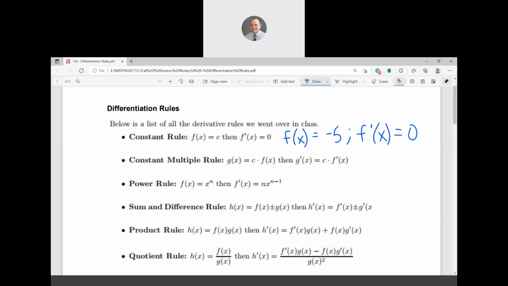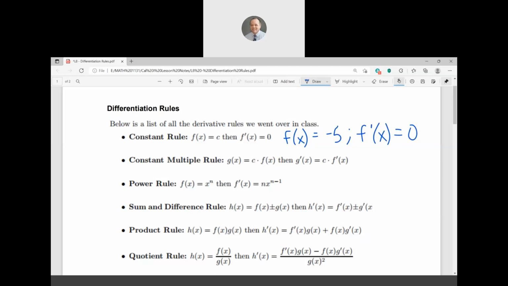The next one is something called the constant multiple rule, and it states if you have a constant in front of a function and you take the first derivative, then that constant is going to stay in front of your function. So that's what the constant multiple rule is.